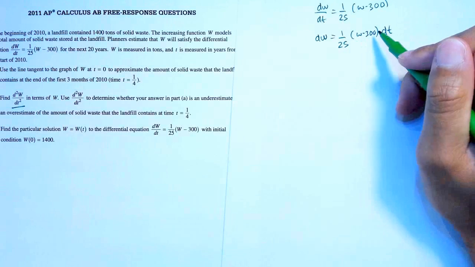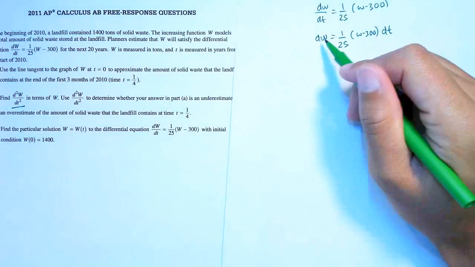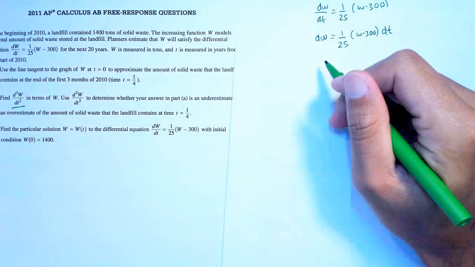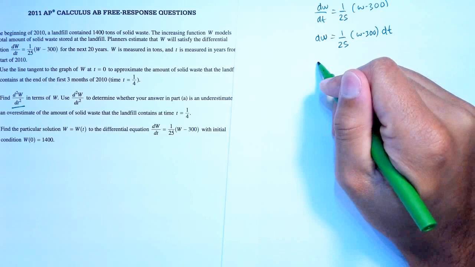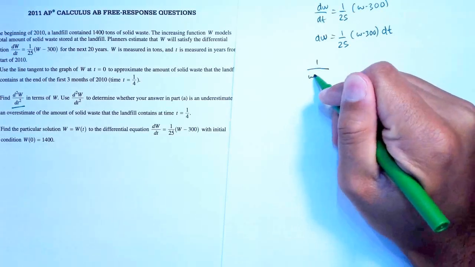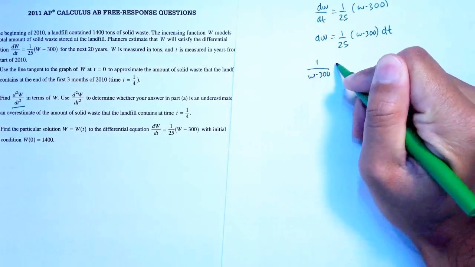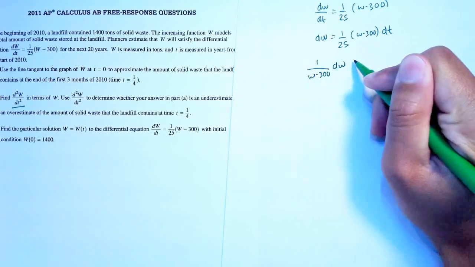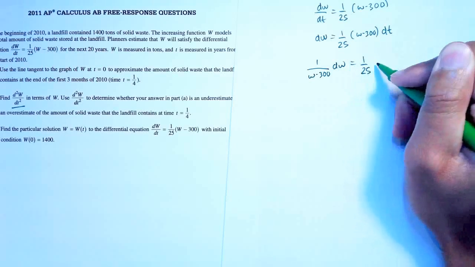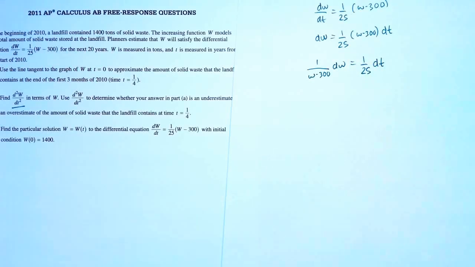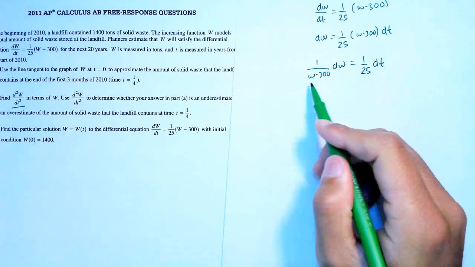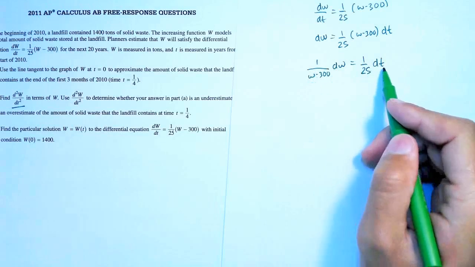They're not the same variable, so I need to get this w to the other side. So I'll divide by w minus 300 and I'll get 1 over w minus 300 dw equals 1 over 25 dt. Now this makes a little more sense. If you look at the left, they all have w's. If you look at the right, it's a number and dt, and that's fine.